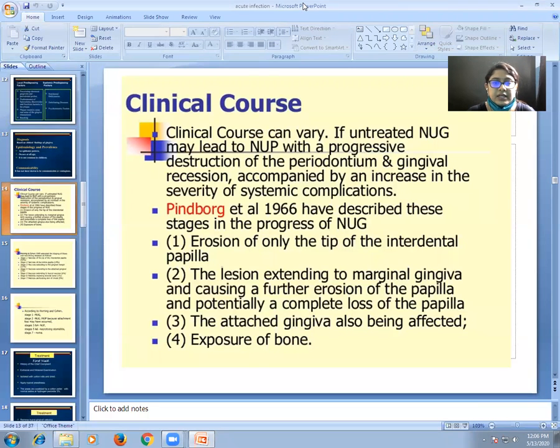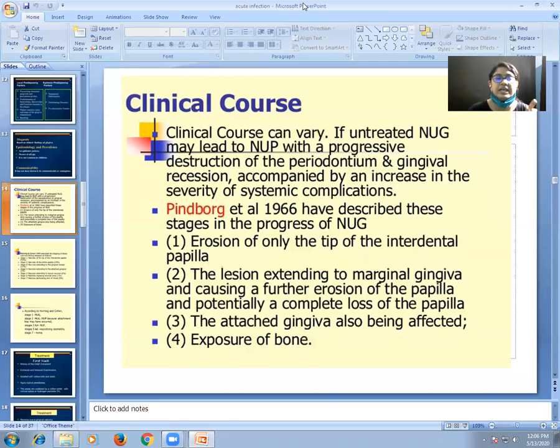So, the clinical course. Acute necrotizing ulcerative gingivitis has a clinical course first given by Pindborg et al. in 1966. He described this disease in four stages. The first stage is erosion, which occurs only at the tip of the interdental papilla.